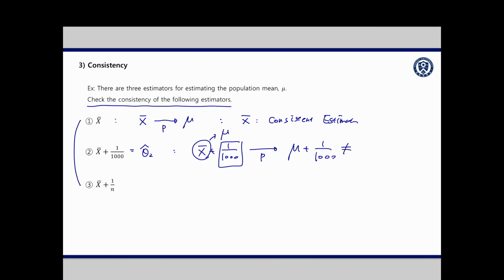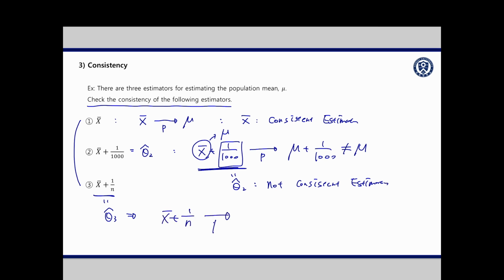It is not mu, so theta hat 2 is not a consistent estimator. And the third estimator, theta hat 3, is x bar plus 1 over n.